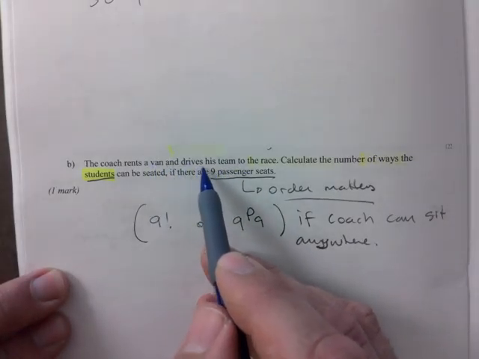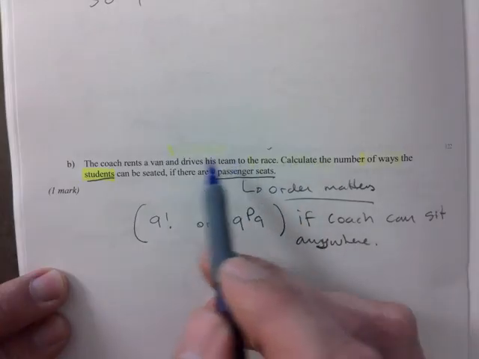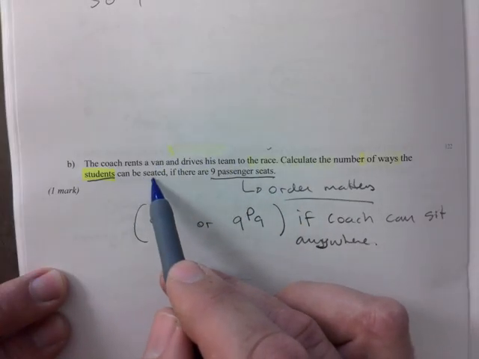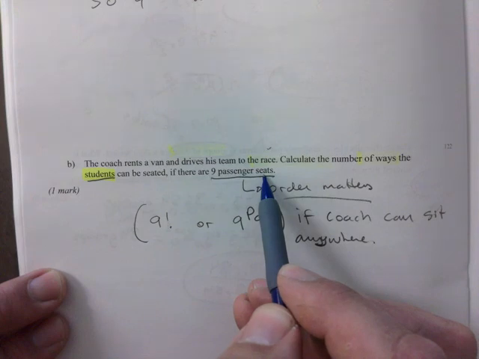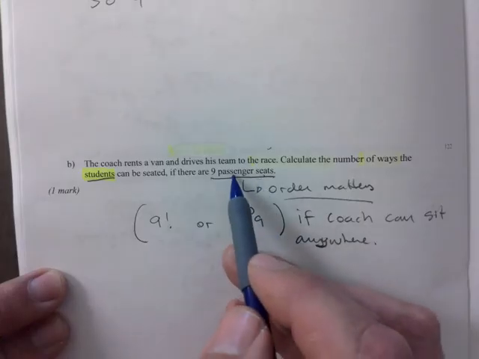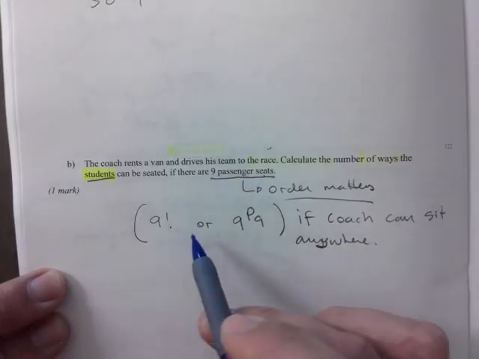Coach rents a van. Can be seated if there are 9 passenger seats. Okay, because of the passenger, this stays. We're going to keep it that way.